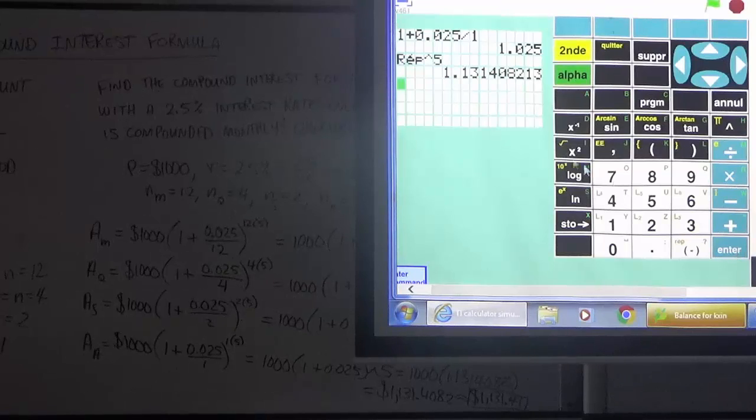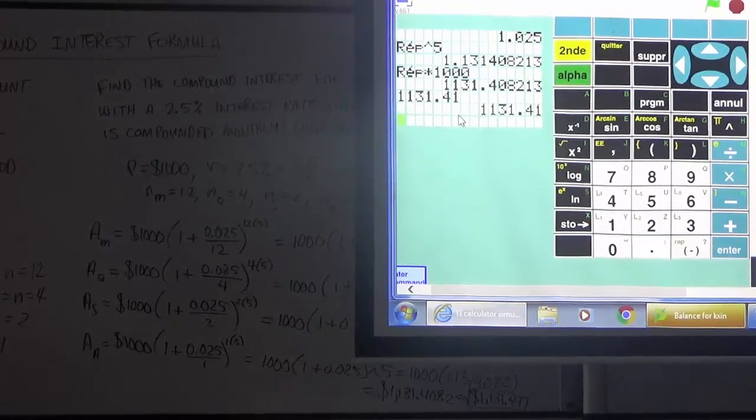And this then gives us the amount that we're going to raise our principal by. And we multiply the principal by the rate we get over 5 years for annual compounds. And this gives us $1,131, and we round to 41 cents because the 8 is after the 0 and 8 rounds the 0 to a 1. And that's how we use our calculators, all right? Thank you.